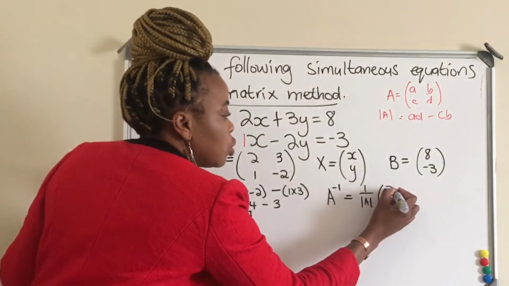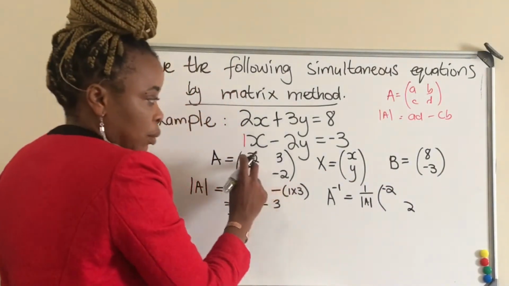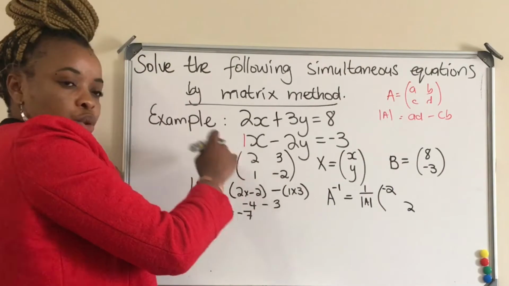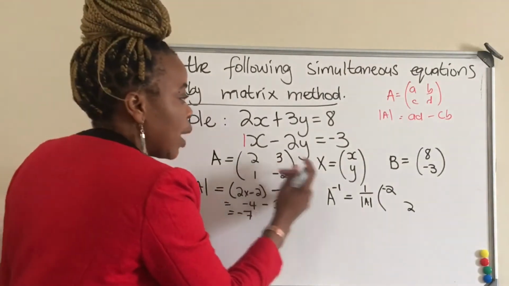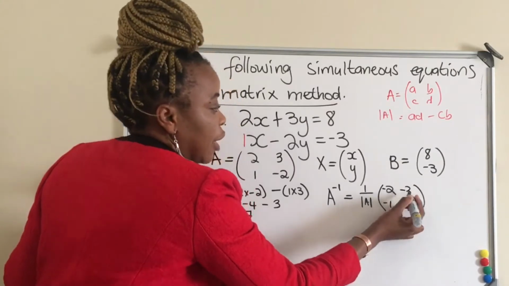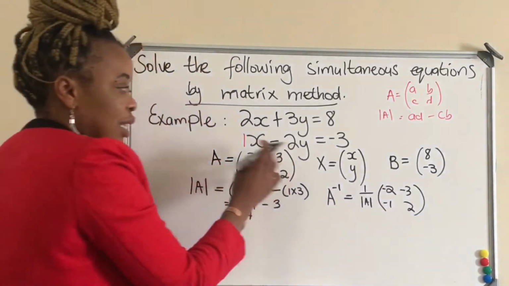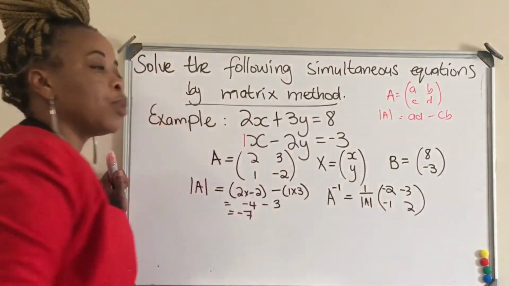So this 2 will now be this -2, and this -2 becomes that 2. So we are basically going to swap them. And then for these other ones, don't change the position, but just change the signs. Meaning, if it was positive, it becomes negative, and if it was negative, it becomes positive. So now that they were both positive, they are going to become negative.